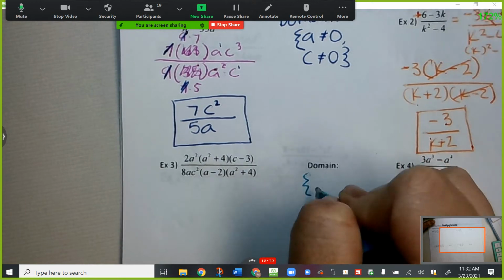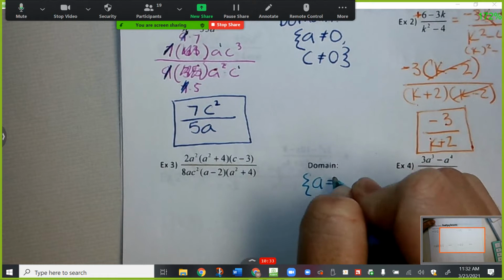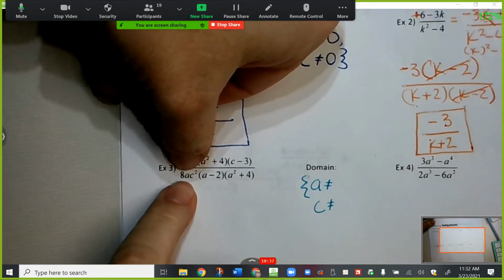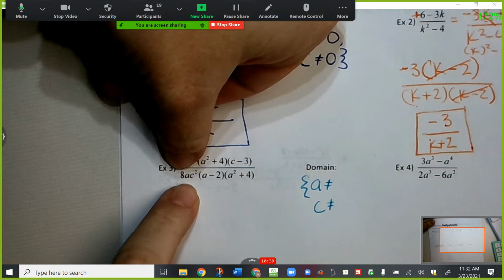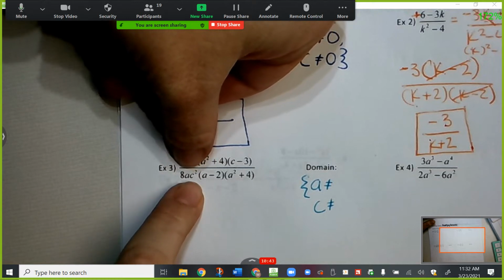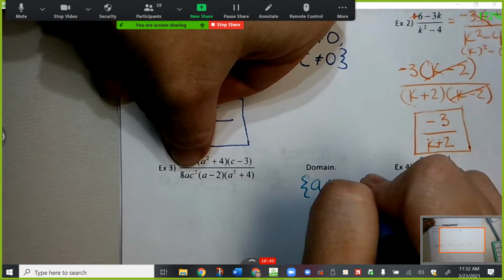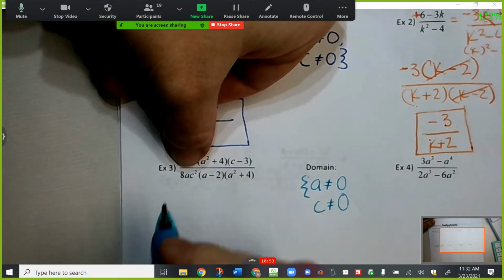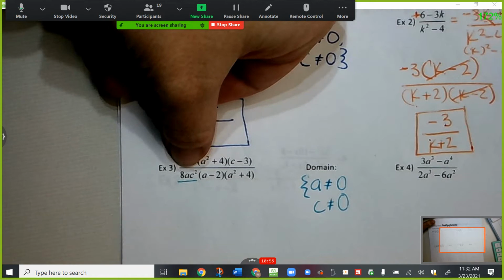So we have A here and C here. So just looking at the first factor, we have A times 8 times A times C. So what can A and C not equal there? When there's no addition and subtraction, it's just 0. In this factor right here, there's no addition or subtraction, so they can't be 0.